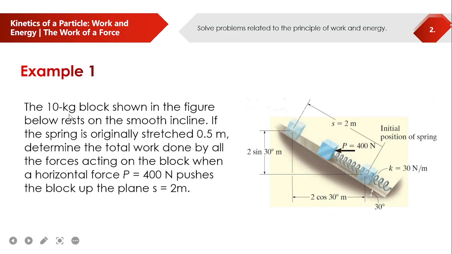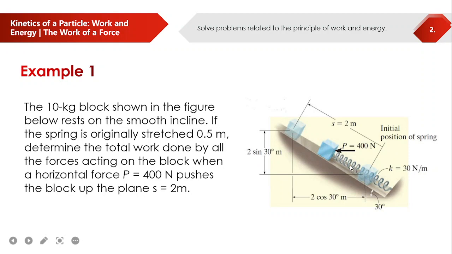So there's a 10 kilogram block shown in the figure. Ito yung block natin. It rests on the smooth incline. Ito, smooth incline. If the spring is originally stretched 0.5 meters, determine the total work done by all the forces acting on the block when the horizontal force P equal to 400 Newton pushes the block up the plane s equal to 2 meters.